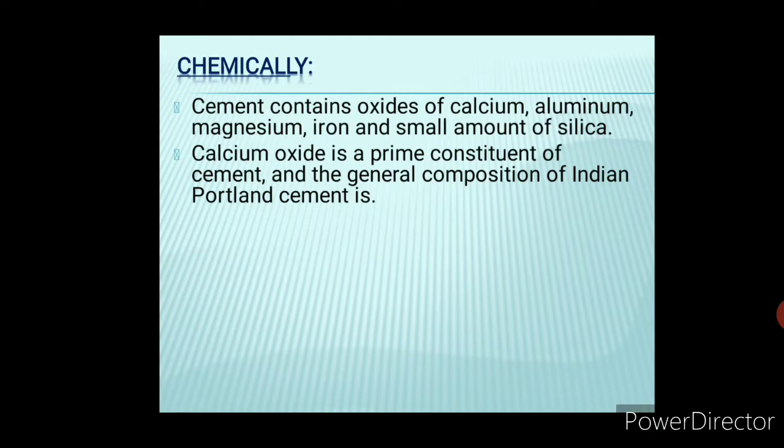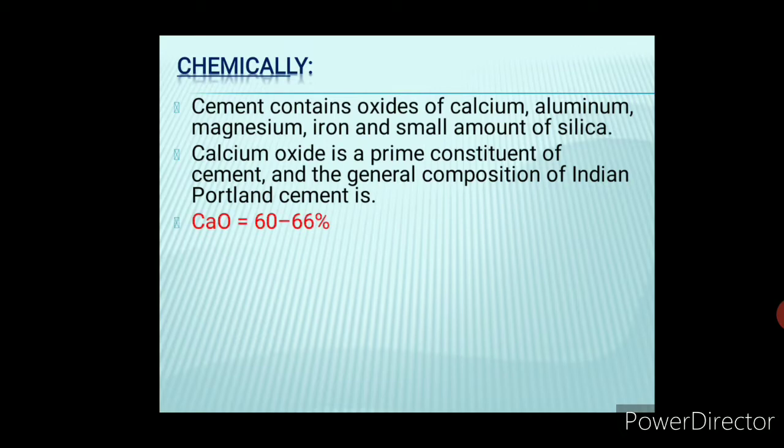Now see students, each manufacturer adds some extra component to it, or minimizes some components. It totally depends upon their composition. Brand by brand the cement composition changes, but let us see what a standard Portland cement contains.